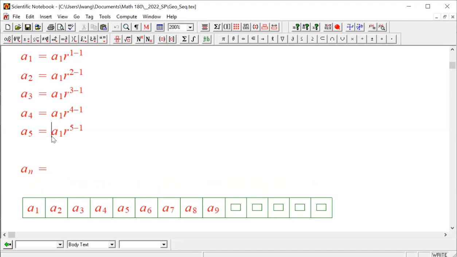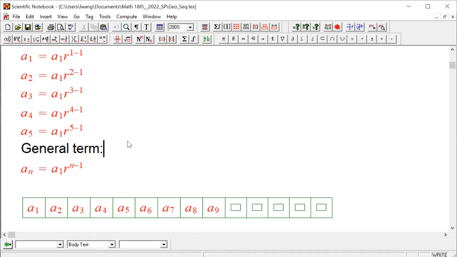Well, that's going to be a sub 1 still, and r raised to the power of n minus 1, right? You see, if the index is 5, a sub 1 multiplied by r raised to the power 5 minus 1, so always the index minus 1. And this is the general term.